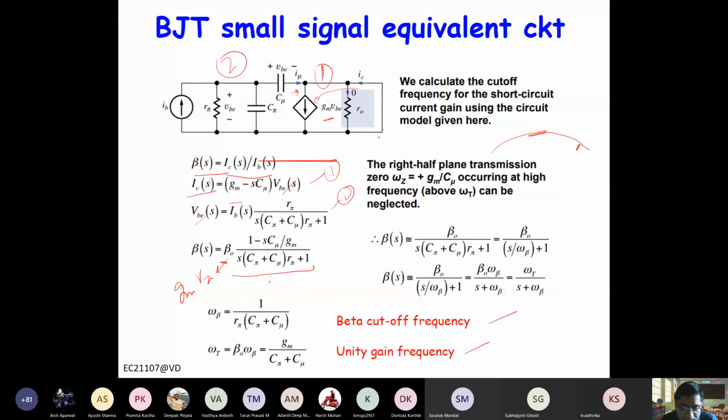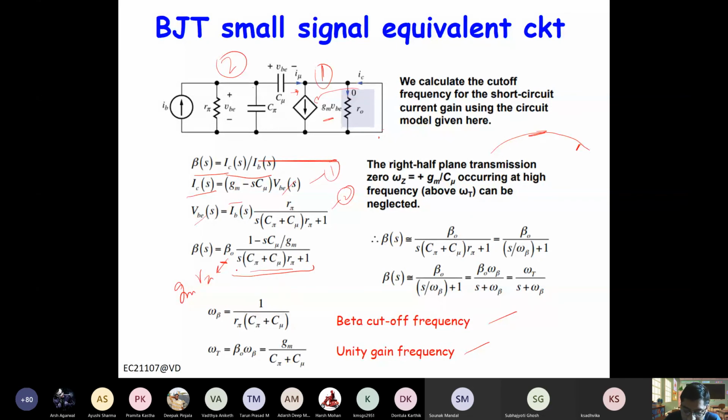This is the frequency dependent term. Now, if you notice, the value of C_mu is actually quite small, right? So this you can neglect. You will just have 1 over s(C_pi plus C_mu) R_pi plus 1, right?